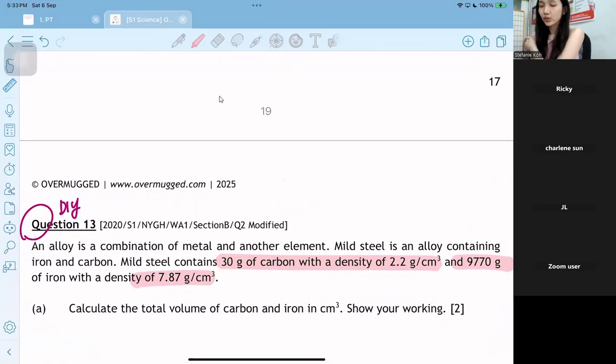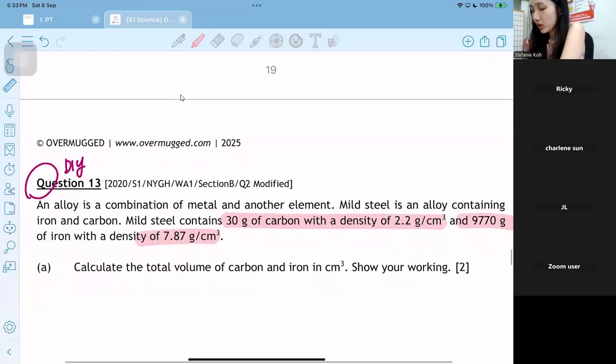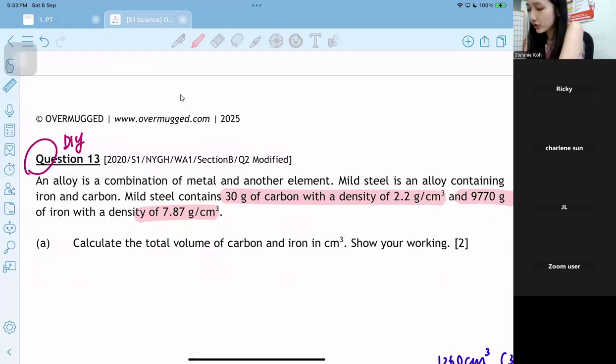Two marks. Total volume. Okay, let's go through part A. Density question, we always use the broken heart, remember?